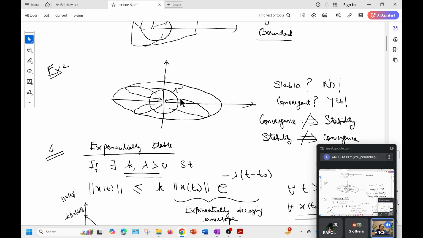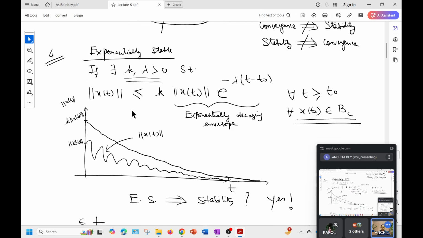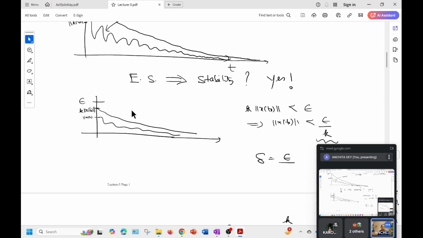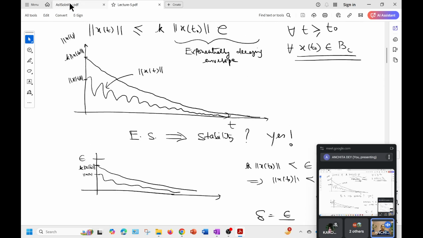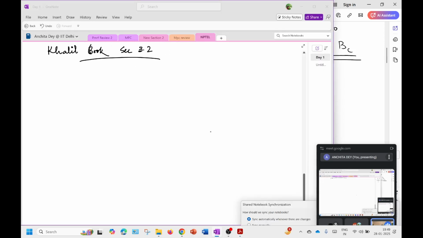And then there are cases where the trajectories are stable. That means, say, if you, let me see if I have. So for example, stability can mean that, let me draw it, that would be better.